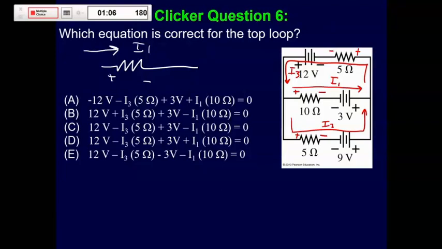So the direction implies a voltage drop. If you'd done the current the other way, you would switch those. And of course, if you get a negative answer, that means the higher end of that resistor is different than what you thought it was. Okay? That's how I do those signs. So I put the signs on there, and which equation then would be correct for that top loop? Let's think about this and write this one out here.